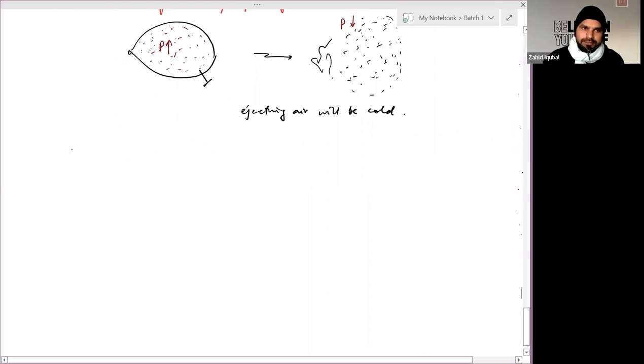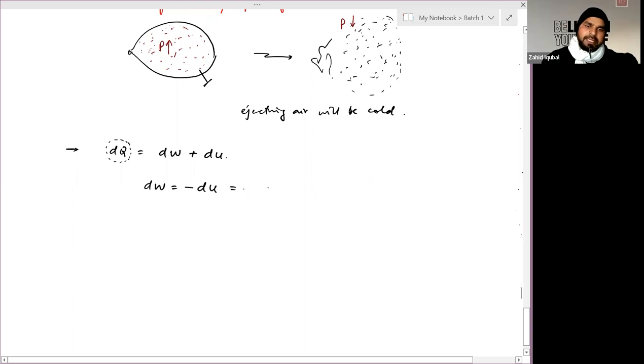Using first law, dq equals dw plus du. Since in this part there is no supply or ejection of heat, dq will be 0. So the work done in this part will be just the negative of the change in internal energy.